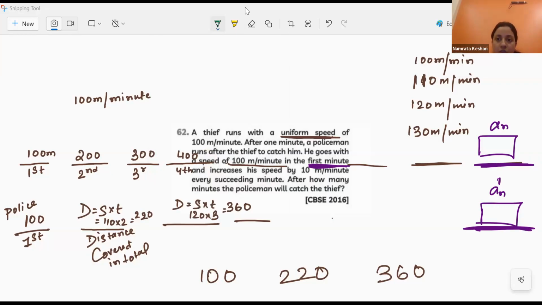Let me use 110 plus 100 will be 210. Then 210 plus 120 will be 330.